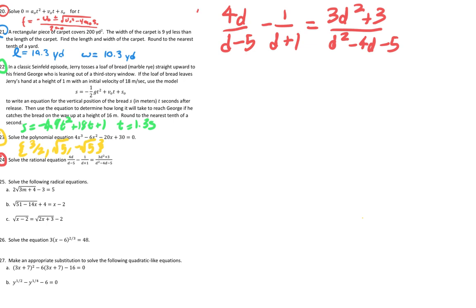So we're going to multiply this one by d plus 1 over d plus 1, and this one by d minus 5 over d minus 5.